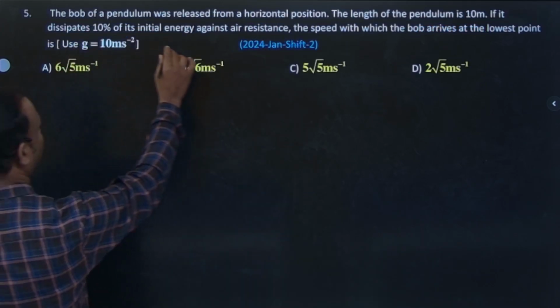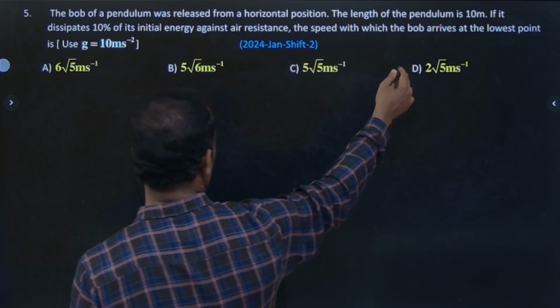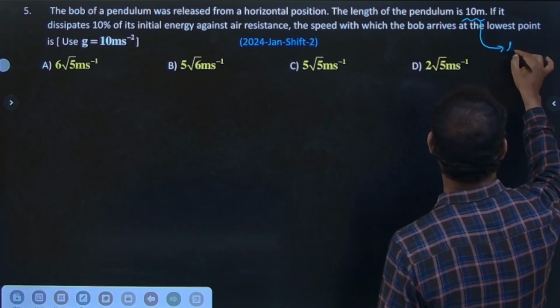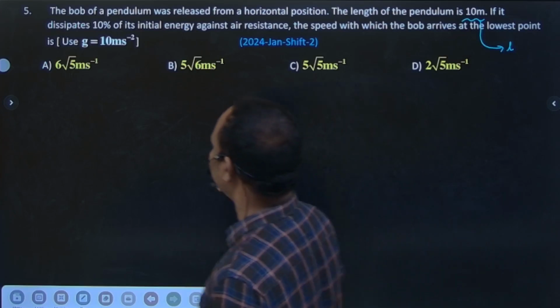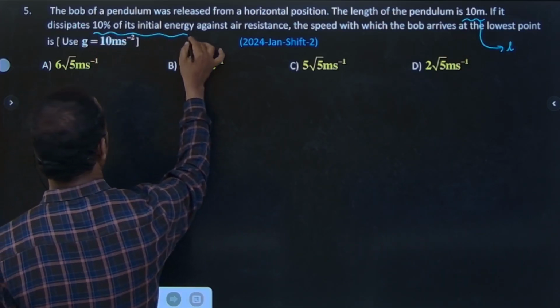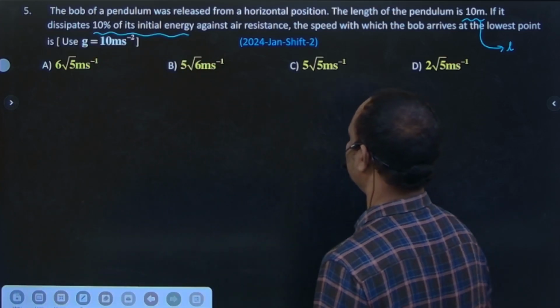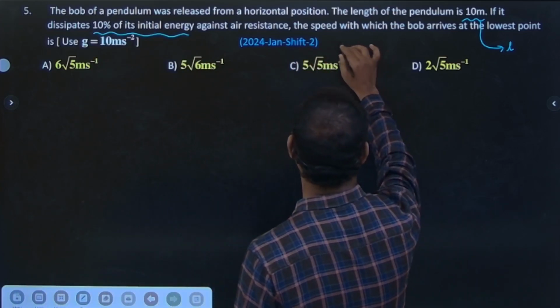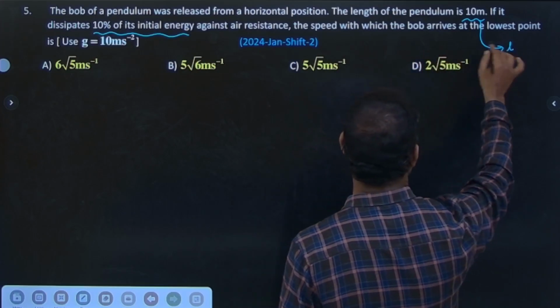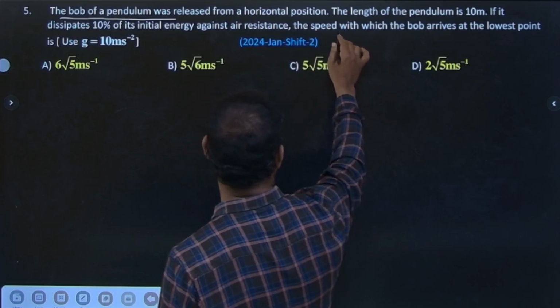The bob of a pendulum is released from the horizontal position. The length of the pendulum is 10 meter. This is L. If it dissipates 10% of initial energy against air resistance, it became 90%. The speed with which the bob arrives at the lowest point from the horizontal position.